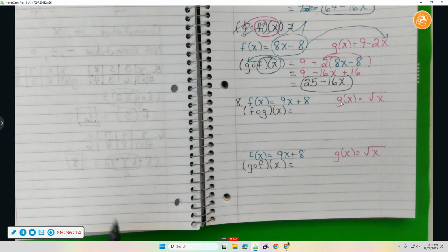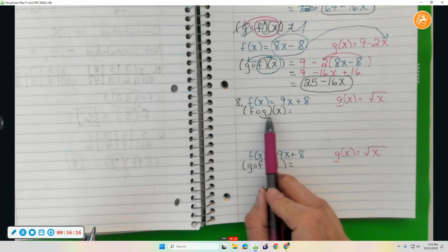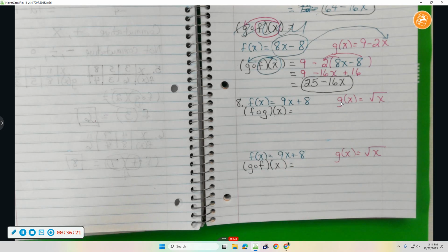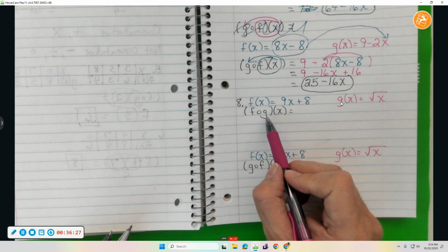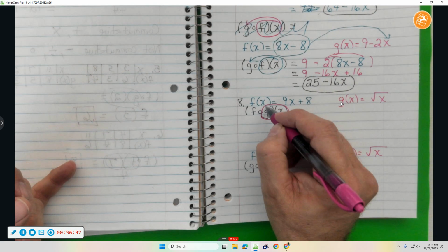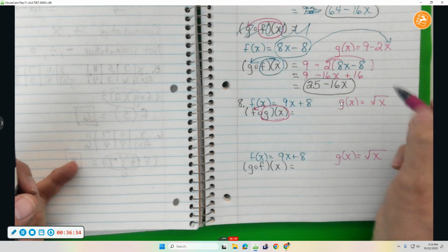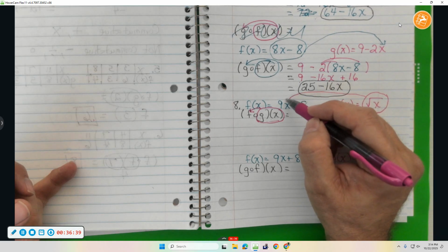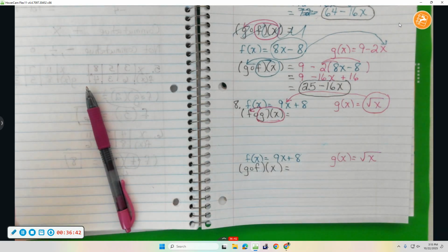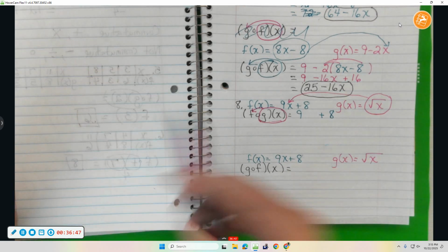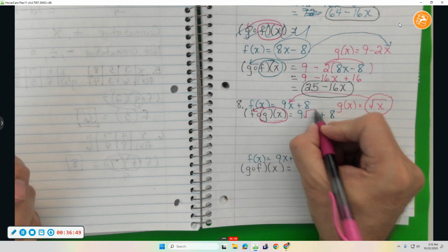Okay, let's see. We're going to start with what this first notation means. What it's saying is plug blank into blank. What are the blanks? Plug g of x into f. Did y'all hear that? Perfect. Plug g of x into f. So that means in place of that blue x, I'm going to put that pink square root of x.